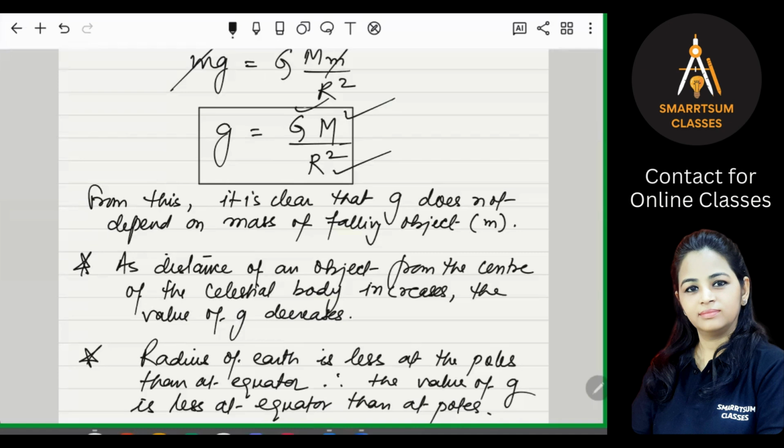And all these quantities we know: the value of G, mass of Earth, and radius of the Earth. So by putting the values, we can easily find the value of small g, that is acceleration due to gravity. So let's do that.